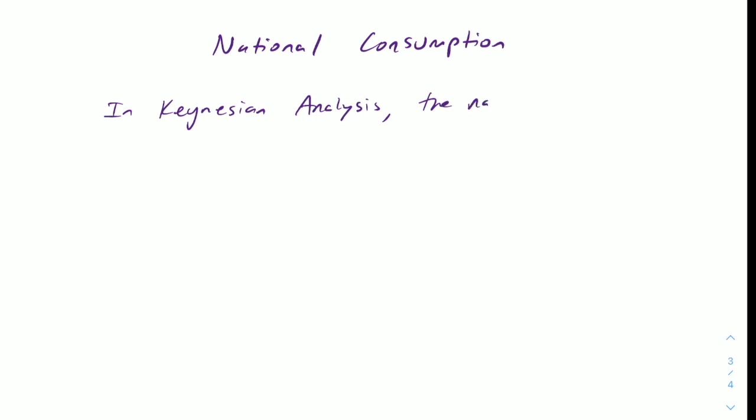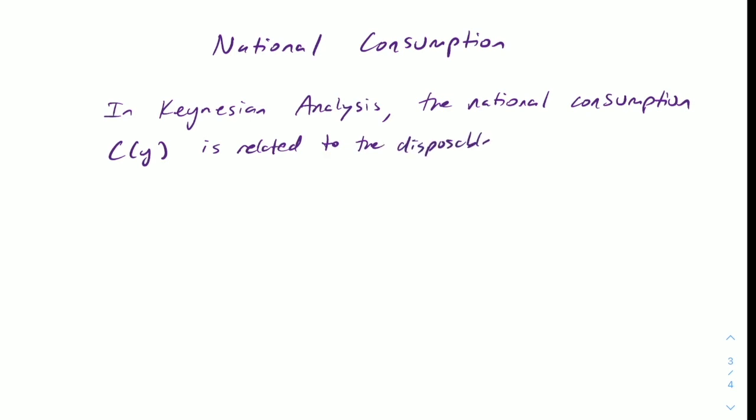All right, so in this video we're going to talk about national consumption. In Keynesian analysis, the national consumption, denoted by C of Y, is related to the disposable national income, which we denote by Y. Just to note, C of Y and Y are going to be in trillions of dollars in all of our problems.